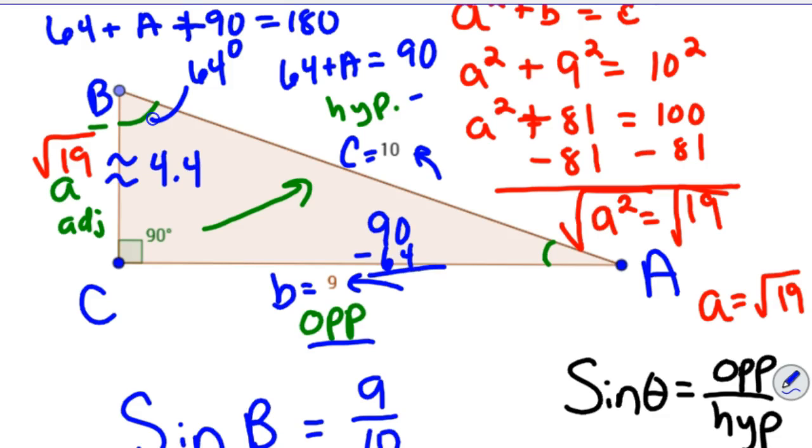Without getting the calculator out, 90 minus 64: 10 minus 4 is 6, and 8 minus 6 is 2, so we're looking at 26 degrees. And so there is solving the triangle. We know A is 26 degrees, little a is the square root of 19 or 4.4, and B is about 64 degrees. So I hope this helps.